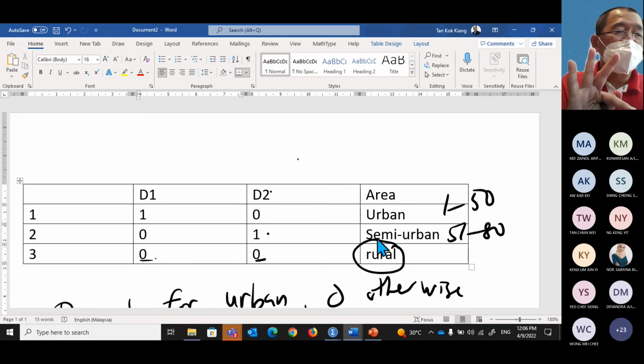We use two columns, two dummies, to represent three different categories.